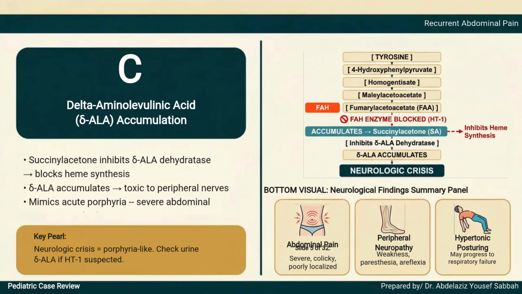This mimics acute porphyria, presenting with severe abdominal pain, peripheral neuropathy with weakness, paresthesia and areflexia, and hypertonic posturing that may progress to respiratory failure. The key clinical pearl is neurologic crisis in tyrosinemia type 1 is porphyria-like. Always check urine delta-aminolevulinic acid if tyrosinemia type 1 is suspected.